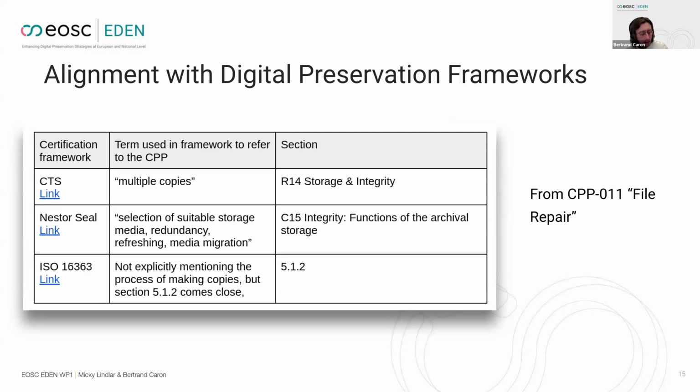So sometimes it's an alignment with direct reference to the process. Sometimes it's a closer match. So we wanted to not only talk about alignments, but sometimes misalignments and, as a matter of fact, absence of alignments in certain cases.